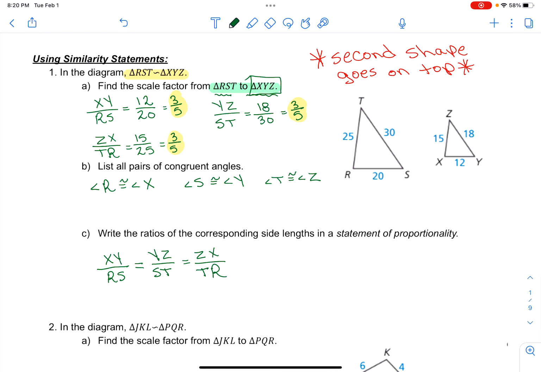So this is a statement of proportionality. It pulls all of those sides together and says, okay, from the second triangle to the first triangle, this side went with this side went with this side, and so on and so forth. And that common ratio between all of those pieces was 3/5. That is all this is saying.